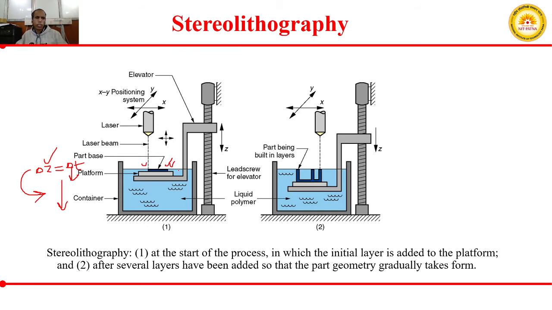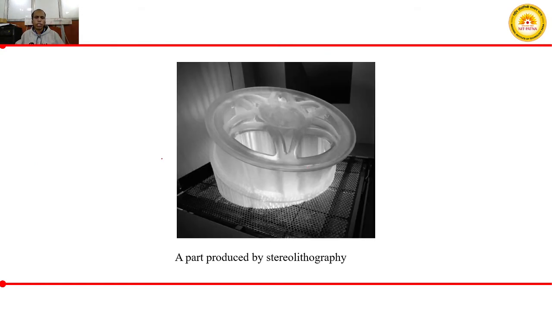Here you can see when we start printing, or solidifying, this is our first layer, and as a number of layers are printed, you can see your part start appearing. So this much we discussed in the first class, and we saw one product which was produced using the stereolithography technique.